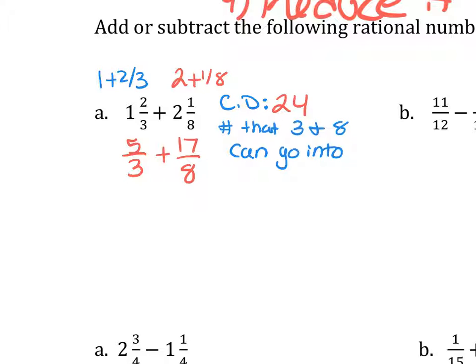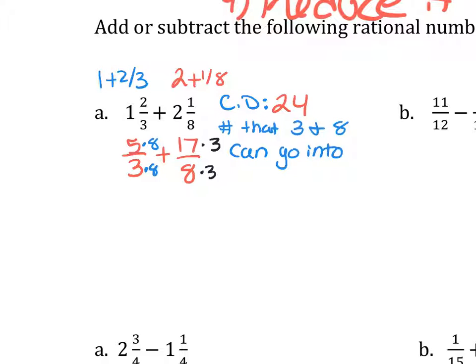Okay, so now our goal is to get both of those denominators to be 24. So if we look at 5/3, what do we have to multiply 3 by to get to 24? 8, so you do that in the bottom and the top. Whatever you do to the bottom, you must do to the top. And then for our second one, we have to multiply 8 by 3 to get to 24.